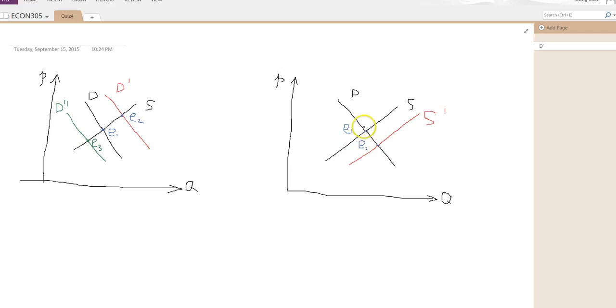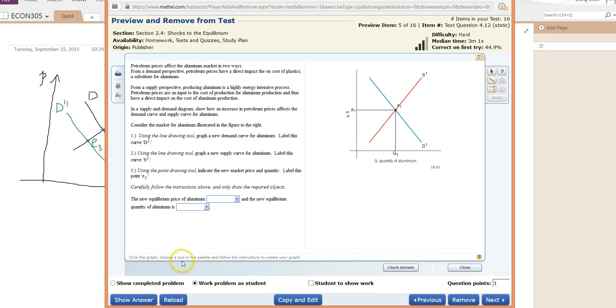The quantity goes up, right, compared with E1. So that's as expected. And conversely, if we have a negative supply shock, S double prime, then exactly the opposite effect should take place. We should have a higher price and lower quantity. So with that in mind, let me go back to the question here.